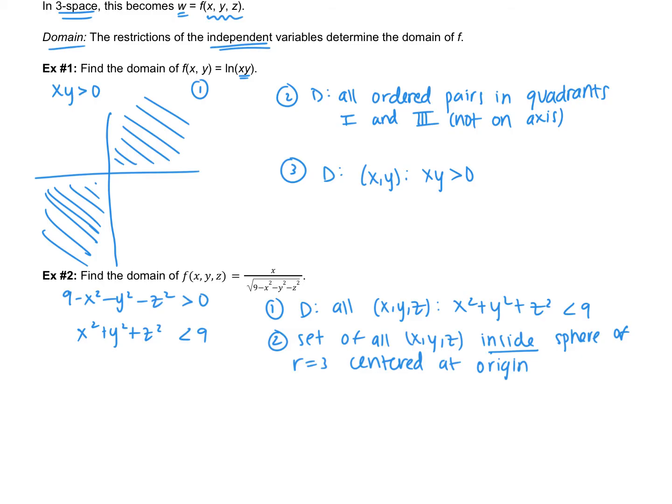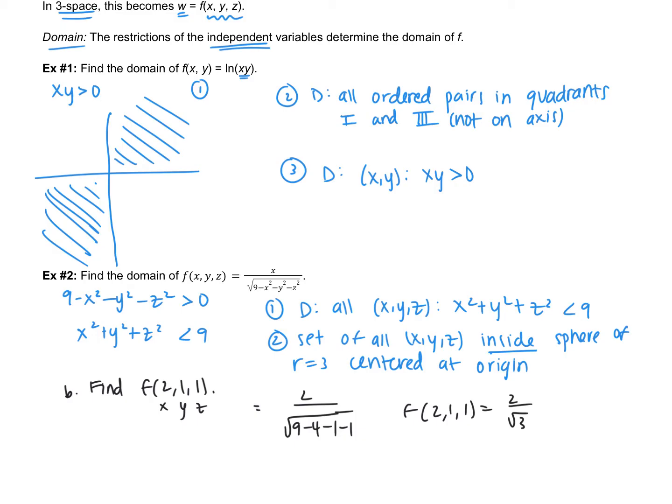And then secondly, I could ask you something like find f of 2, 1, 1. If you were asked to do that, you're just going to plug in 2 for x, 1 for y, 1 for z. And so you would get 2 over the square root of 9 minus 4 minus 1 minus 1. And so our f of 2, 1, 1 would be 2 over root 3.